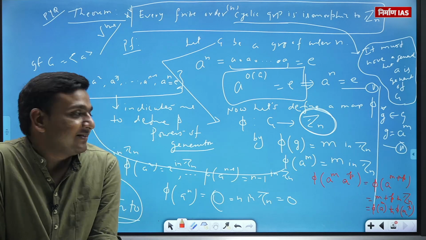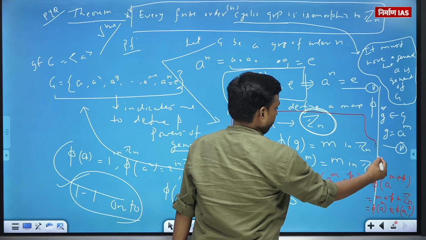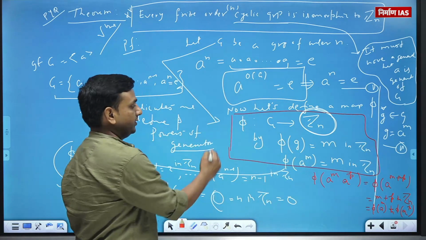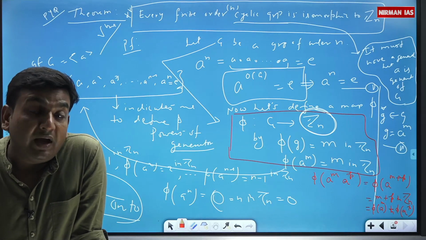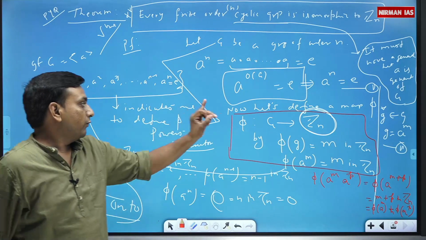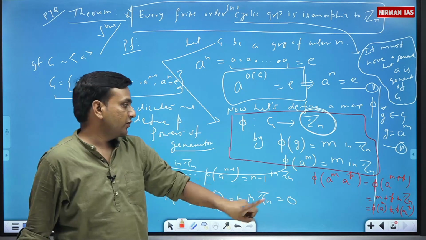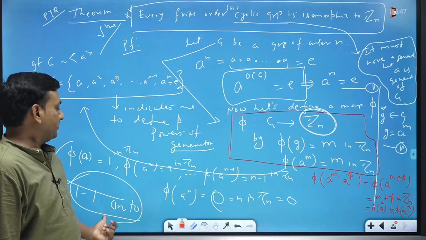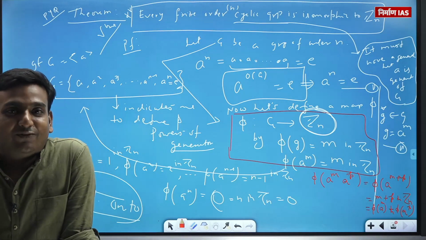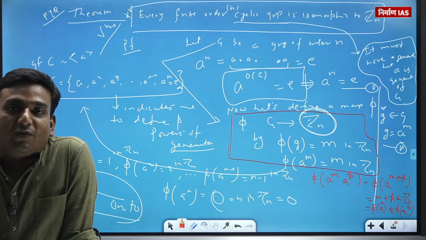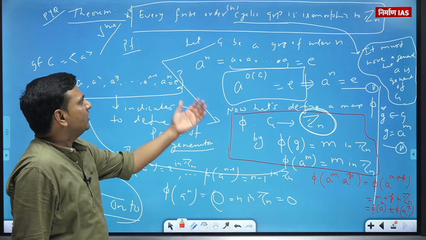So what it indicates? What I have shown you guys: we are able to define a mapping from G to Zn such that phi is operation preserving, phi is 1-1, phi is onto. Therefore, phi is an isomorphism. Now you can take any order.